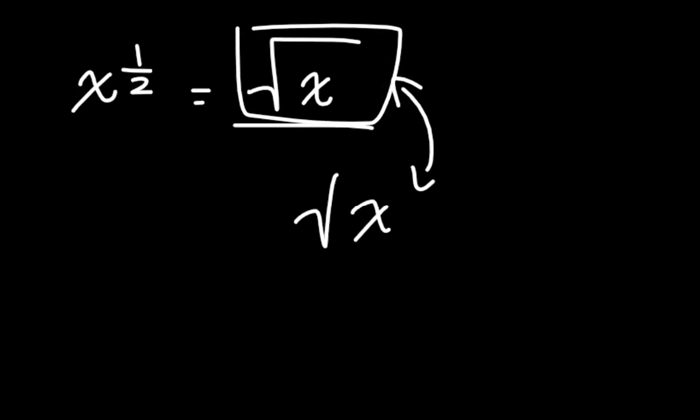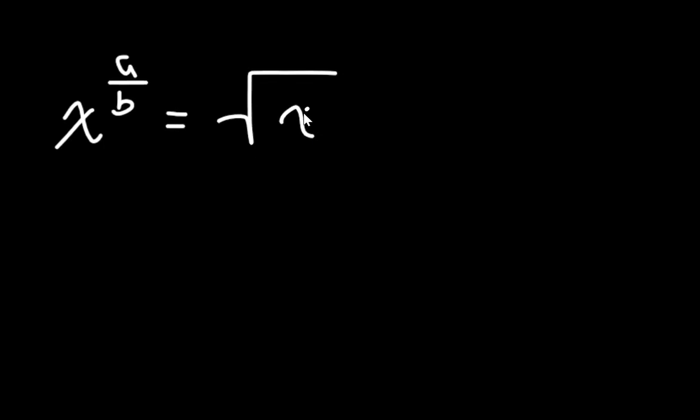So the next thing to remember is to write this formula in your notes: x to the a over b is equal to the b-th root of x to the a. Write this in your notes.